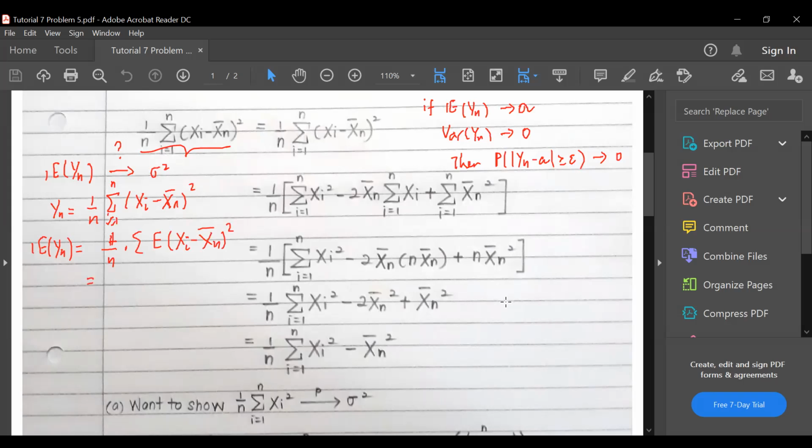Since this is IID, you have the expectation of X1 minus this. And your Xn bar is basically the mean.